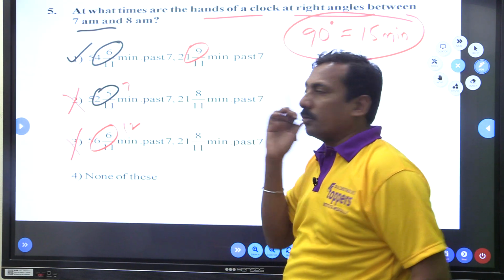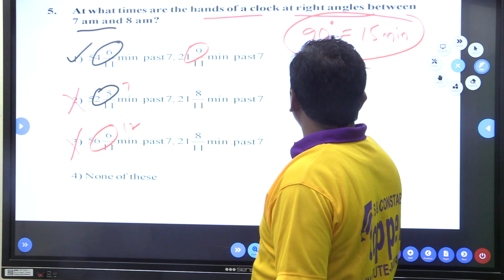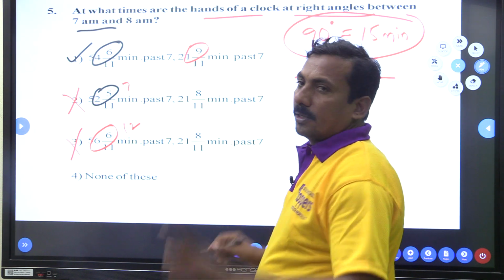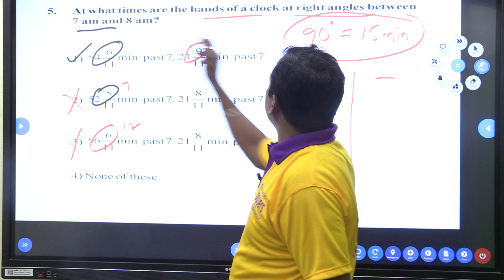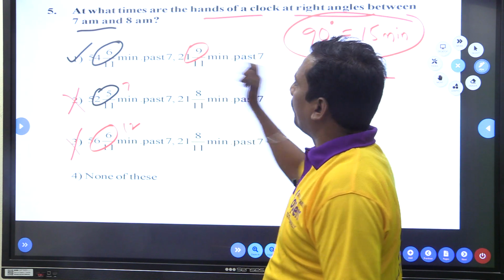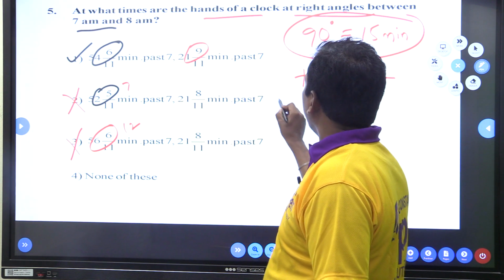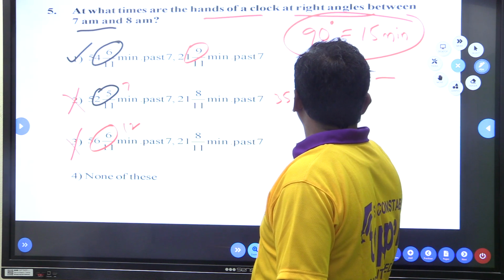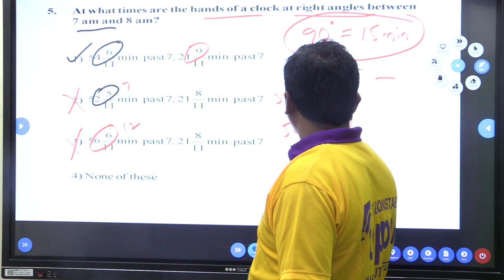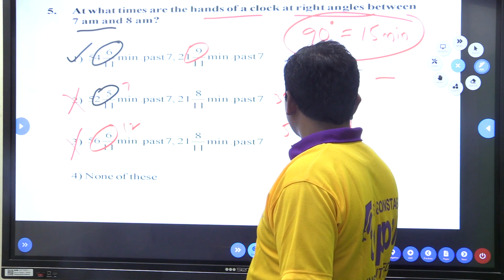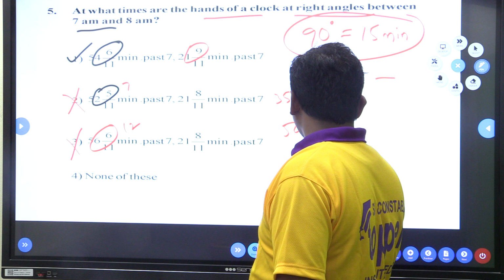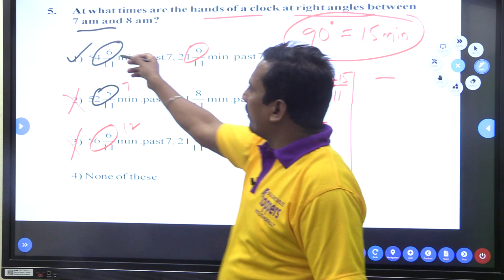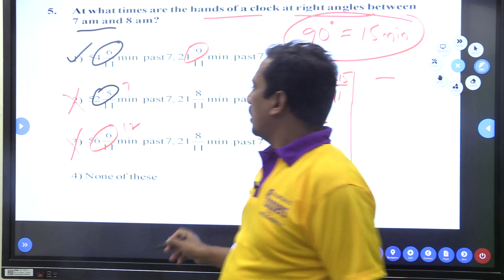No sir, I have a doubt. Okay, I told you this is plus and this is minus. In the positive method, 90 degrees equals 15, and 7 means 35. So 35 plus 15 by 11, it is nothing but 50 of 50 by 11. So the answer is 54 of 6 by 11. So this is the right answer.